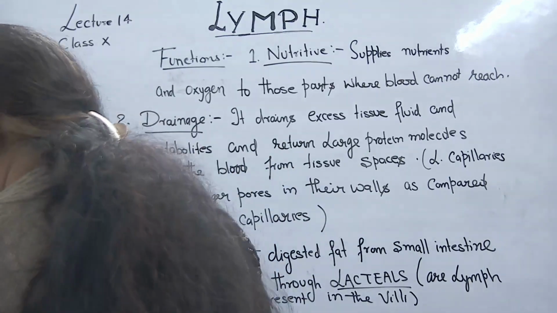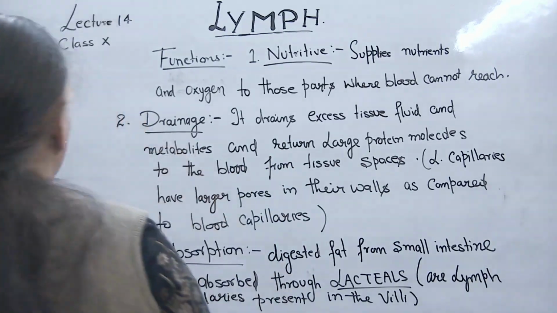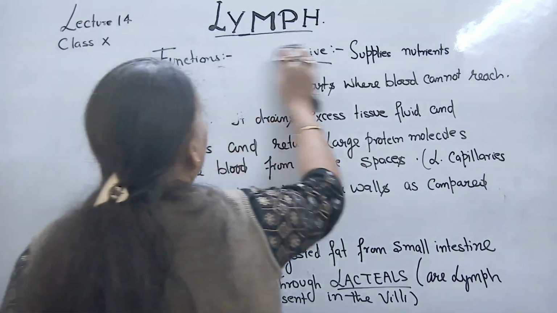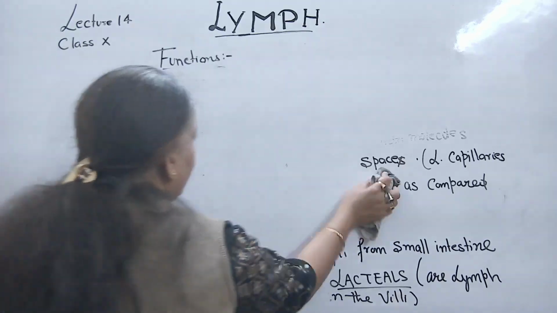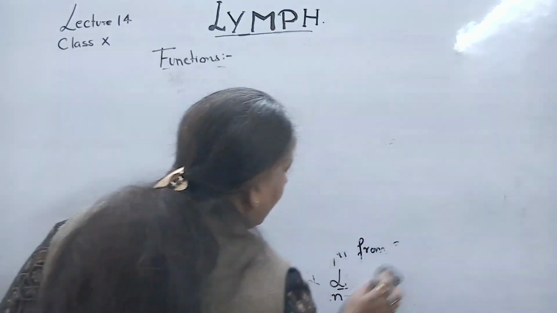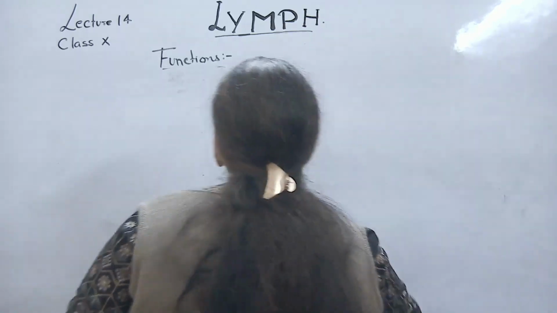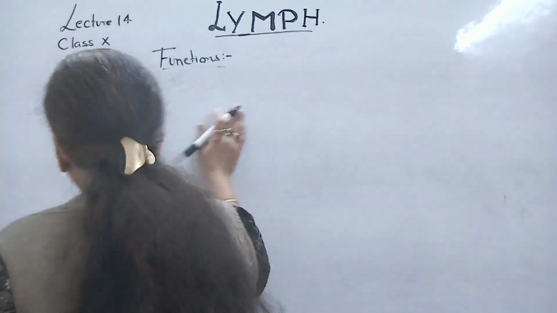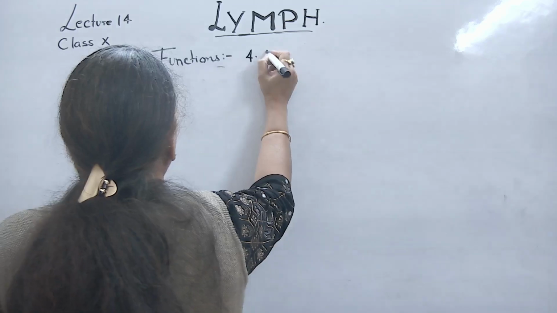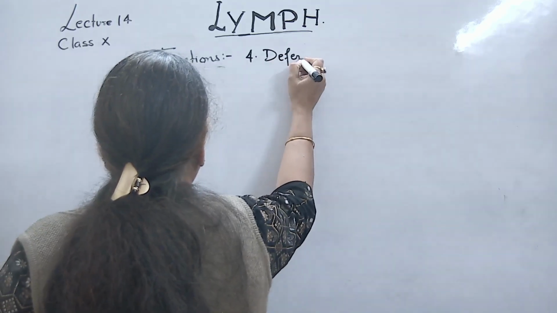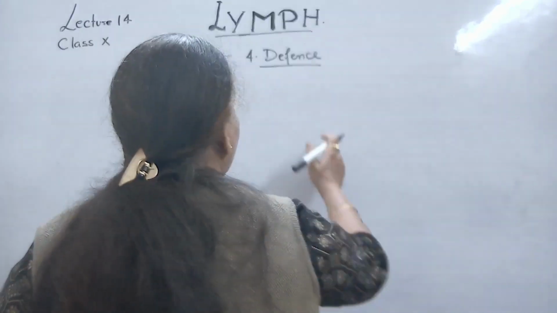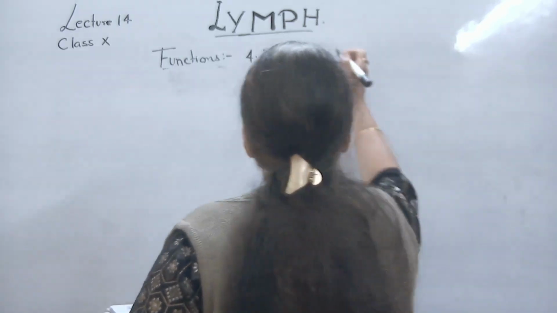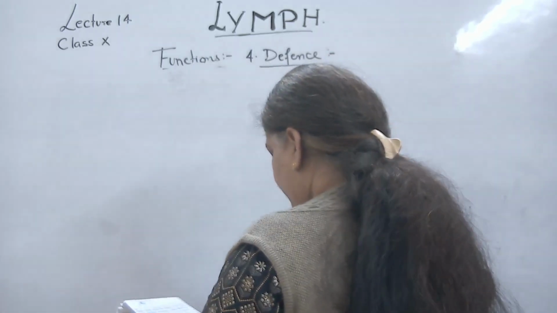Okay, the fourth point will be defense. Lymph nodes are producing WBCs, which are called lymphocytes. So write down defense. It is also helping to remove germs or infection that has entered into body fluid.